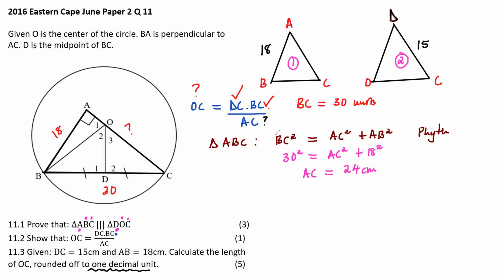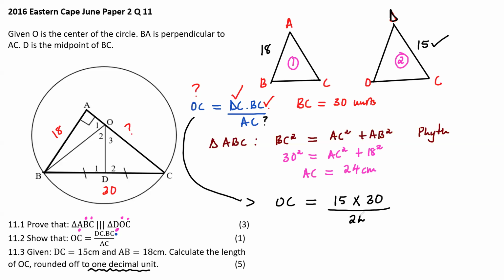So now I have AC. DC, BC, AC, I have you. And what am I looking for right here? I'm looking for OC. OC is equal to DC, 15, over BC, 30, over AC, 24.